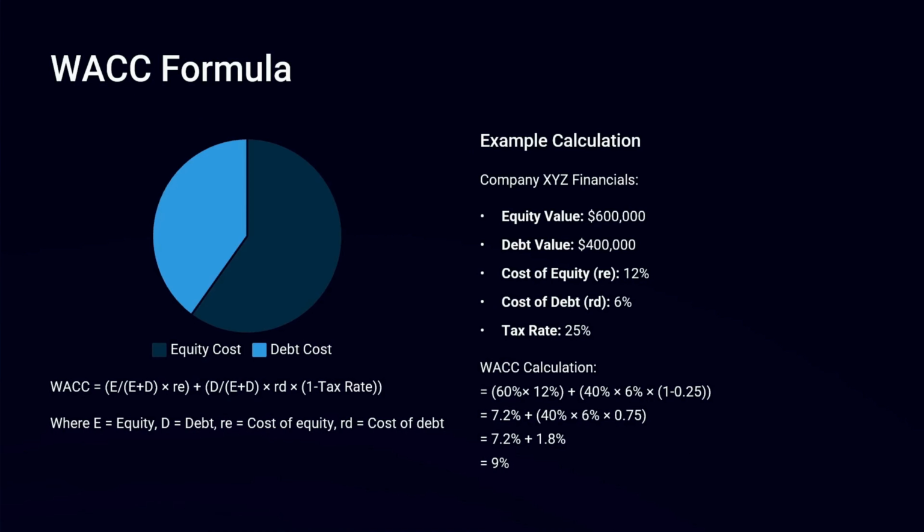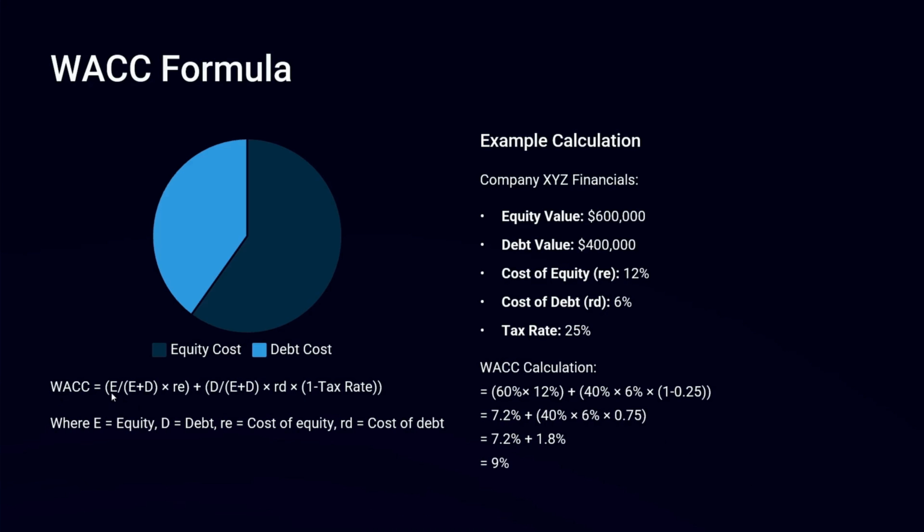Once we have the cost of equity and the cost of debt, we calculate the WACC. We have an example here for company XYZ financials. First, let's start by looking at the formula for the WACC.